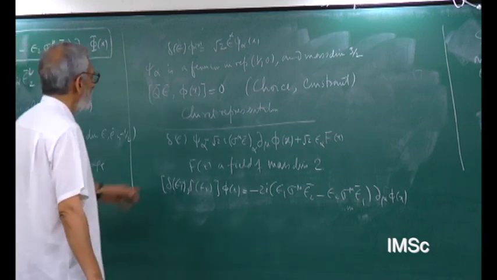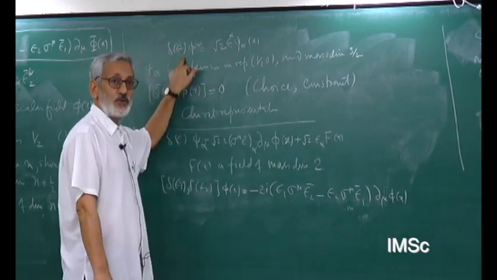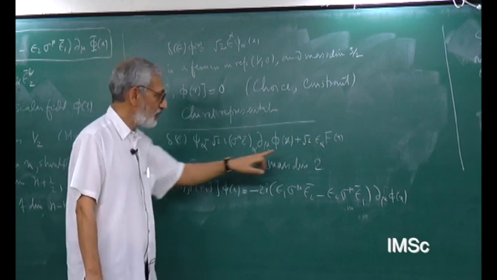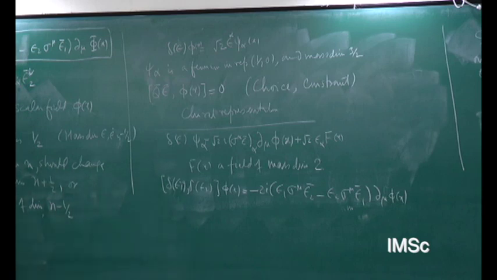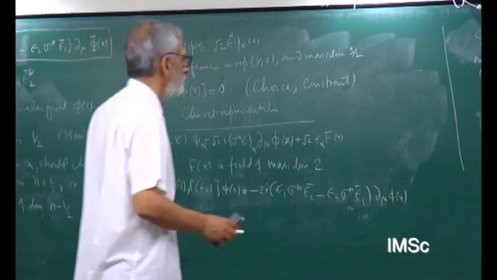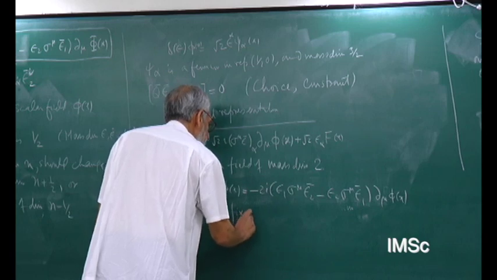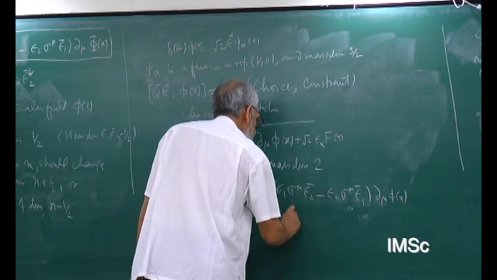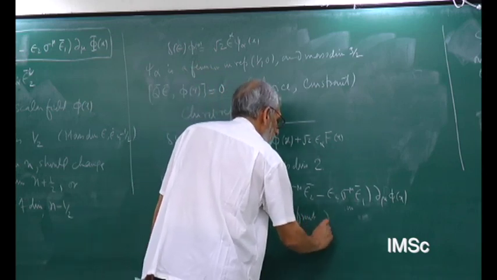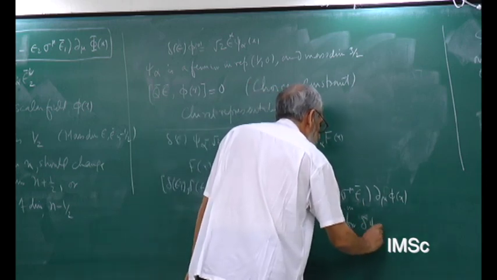So far I have introduced three fields in my multiplet: phi, psi and F. I have given the transformation rule for phi and for psi. Now I have to provide the transformation rule for F. So this fixes the coefficient in front of d mu phi for delta psi.